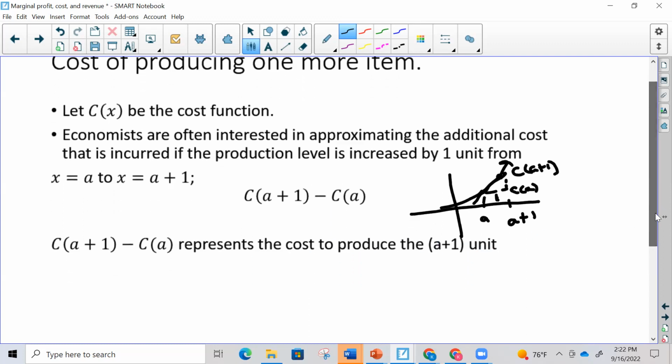So we interpret it in two ways. One way is saying it's how much it costs to produce the A plus 1 unit. And the other way is to say that it is the additional cost incurred by increasing from A to A plus 1. They might ask it either way.